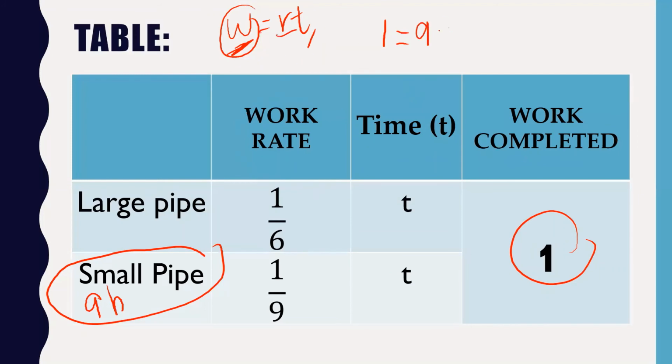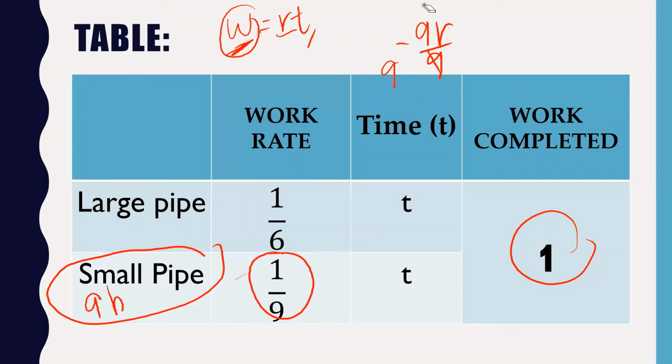Yung rate yung hinahanap. So, rate. Divide both sides by 9 so that we can get the rate. Therefore, we have yung R natin is equal to 1/9. Ito na lang yung naiwan. Therefore, that is just how to get the work rate.